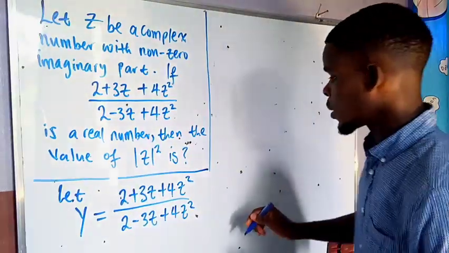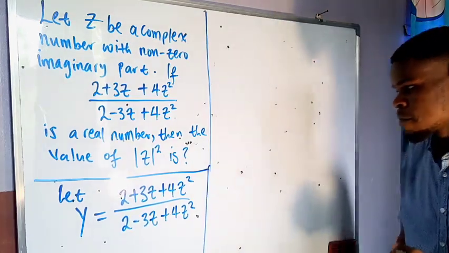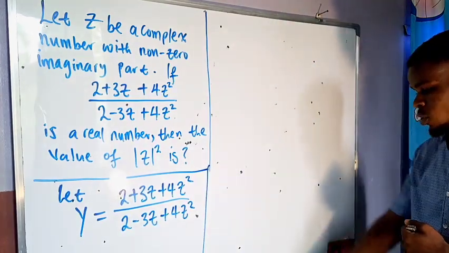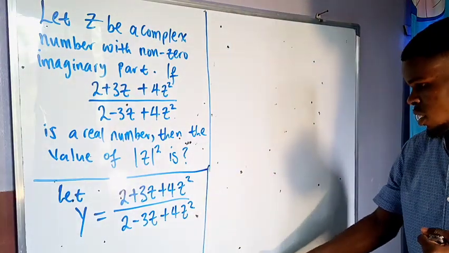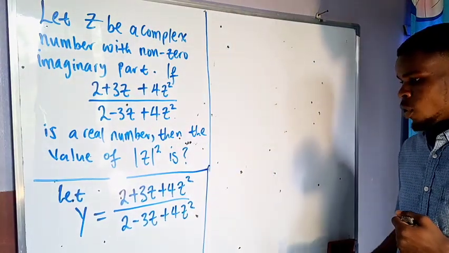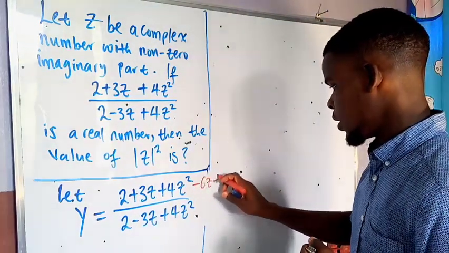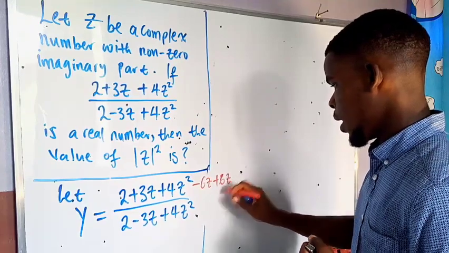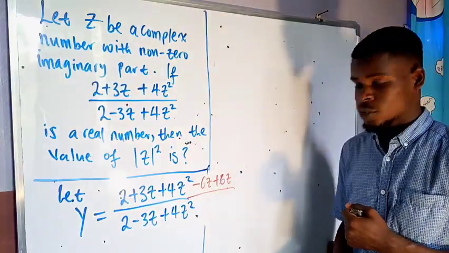So having that, let's see what we have on the right hand side. What I'll do here is an addition of 0. I'll subtract 6z and then I'll add 6z in the numerator. So I'm subtracting and adding the same thing, so in fact that's an addition of 0.